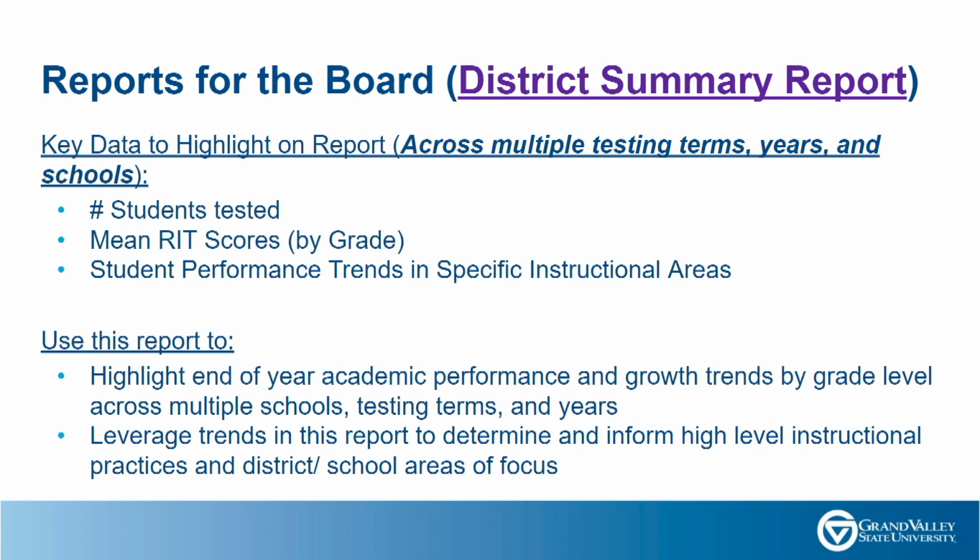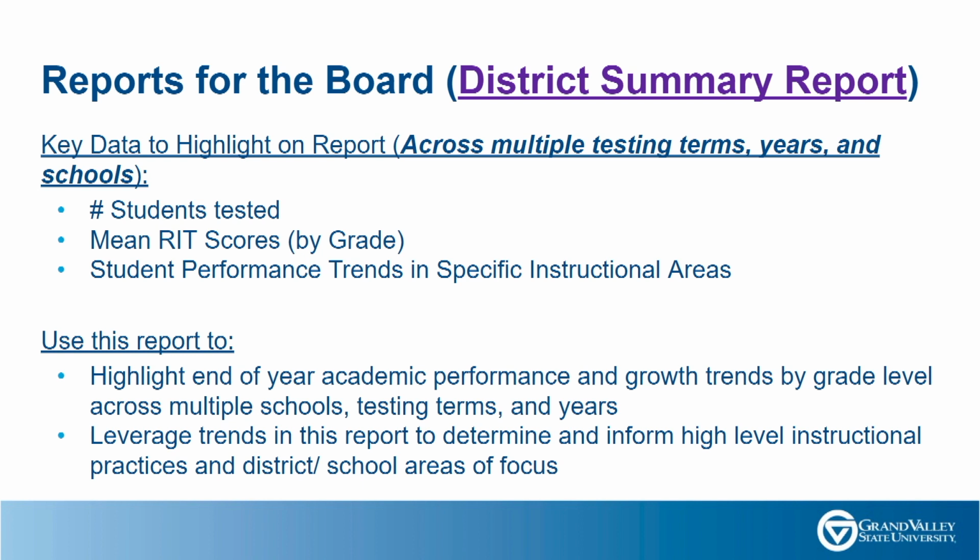As you may have seen in other videos, the district summary report allows us to compare student achievement across multiple schools, terms, and years. It's going to give us information related to the number of students that we tested, the mean RIT scores by grade level from one year to the next, and student performance trends in specific instructional areas.